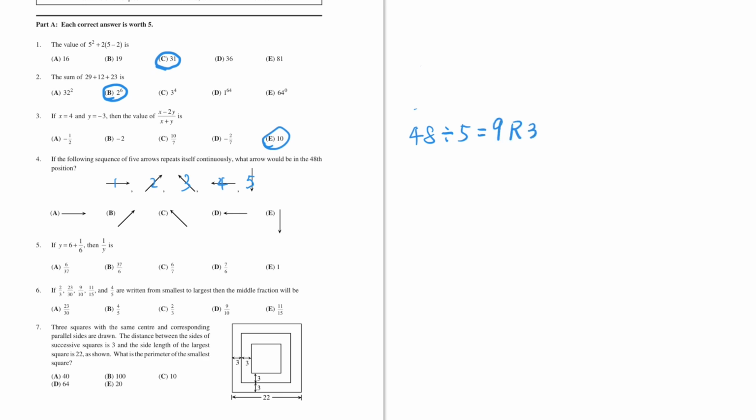Remainder 1 is the first figure, remainder 2 the second, remainder 3 the third, remainder 4 the fourth, and remainder 0 means divisible, that's the fifth figure. So the 48th position, that's remainder 3. The answer is C.